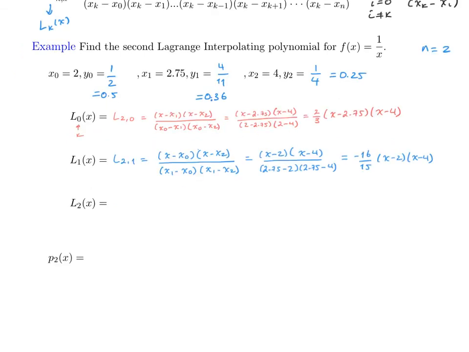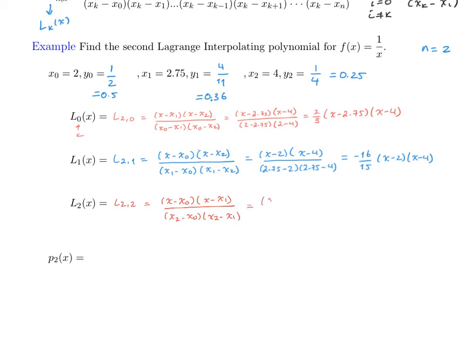All right, so similarly, if we want to find L2, which remember means L22, then we do exactly the same thing. So this will be now x minus x0, times x minus x1, divided by x2 minus x0 times x2 minus x1.